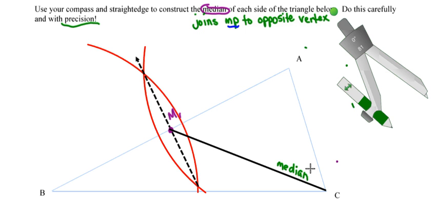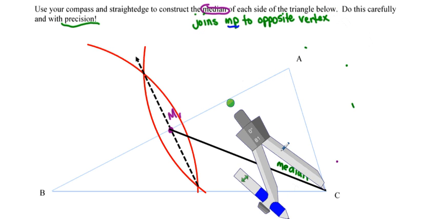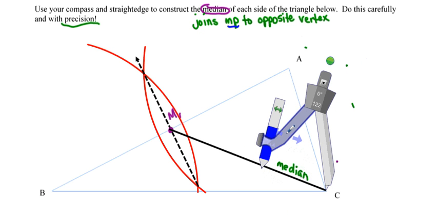Now I need to do the same thing for side AC. So I'm going to use my compass and straight edge to construct the perpendicular bisector for side AC. Again, I'm going to do this carefully and with precision.